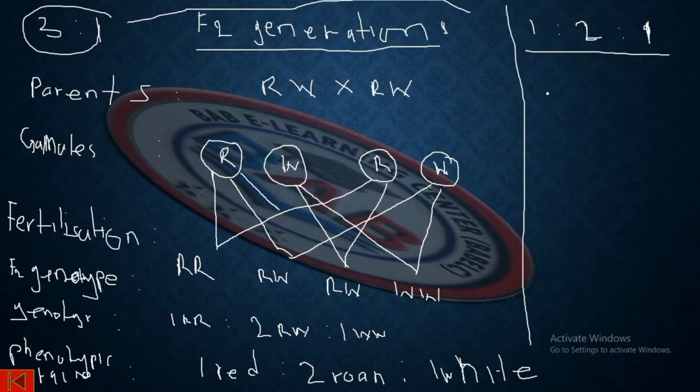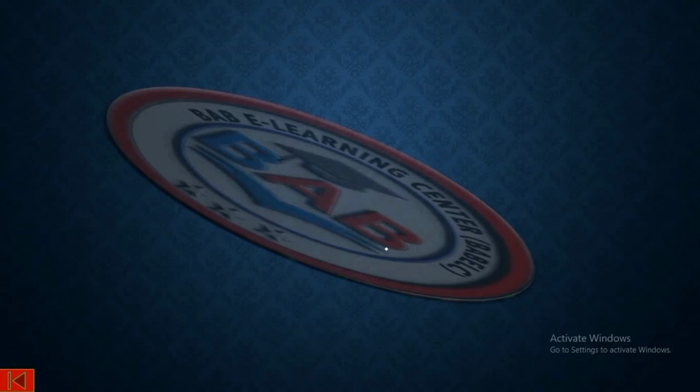These are 3 phenotypic classes, 1, 2, 3, and these are 2 phenotypic classes, 1, 2. That is how codominance alters the normal ratio in monohybrid inheritance.